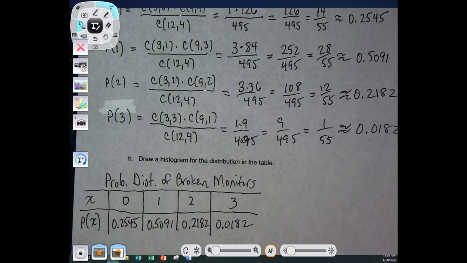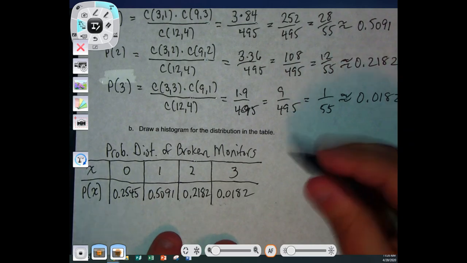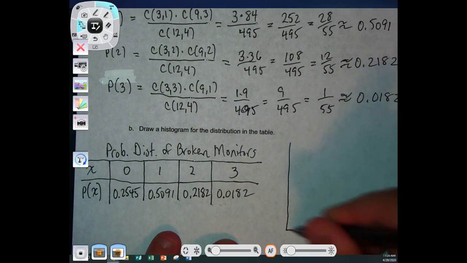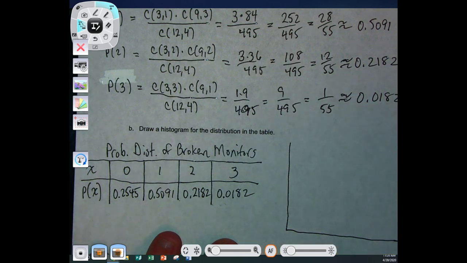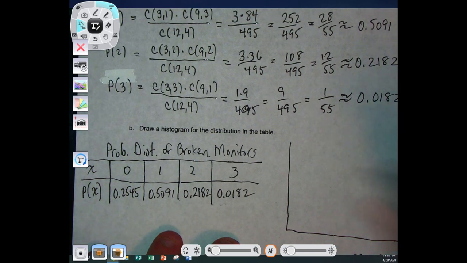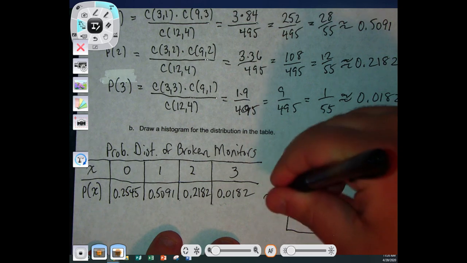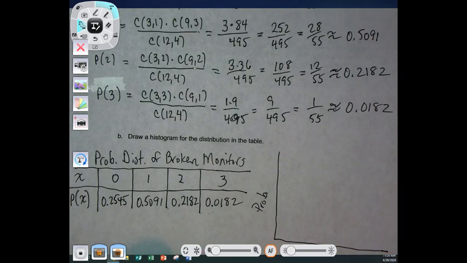Now, based on that information, we can go ahead and create our histogram. When creating a histogram, our number of broken monitors is going to go on the x-axis, and the probability is going to go on the y-axis.